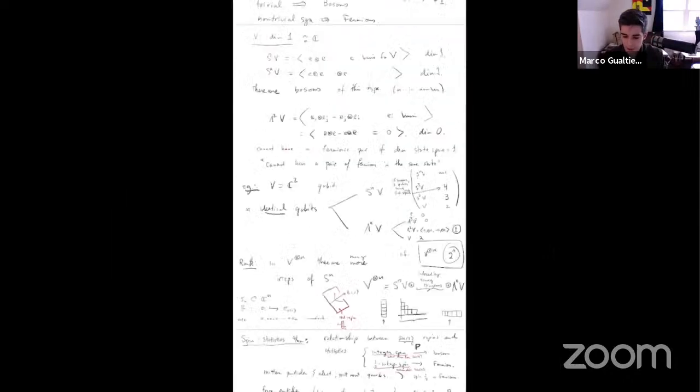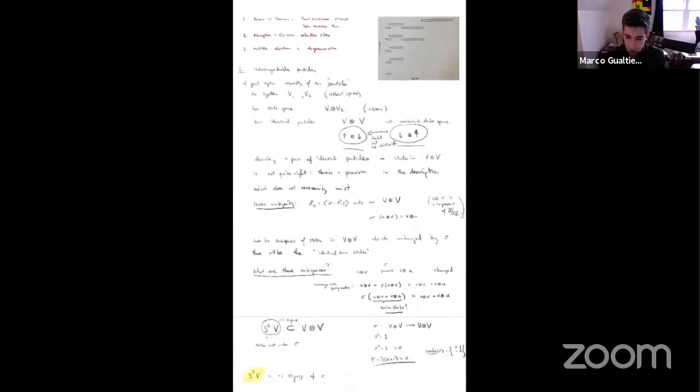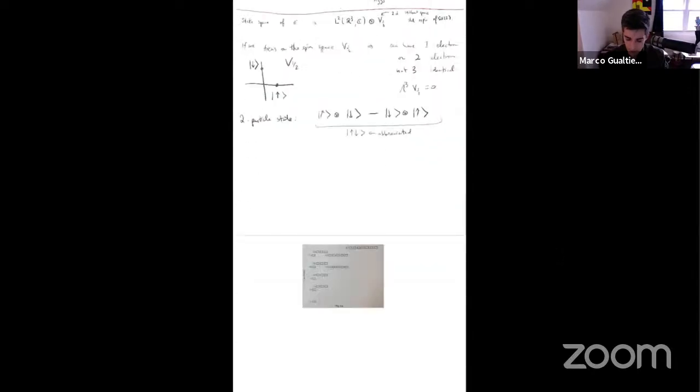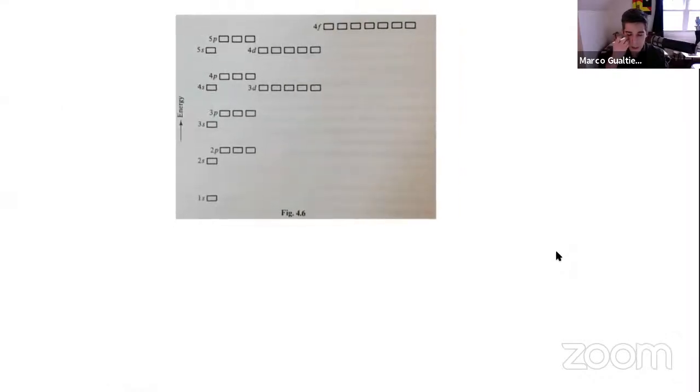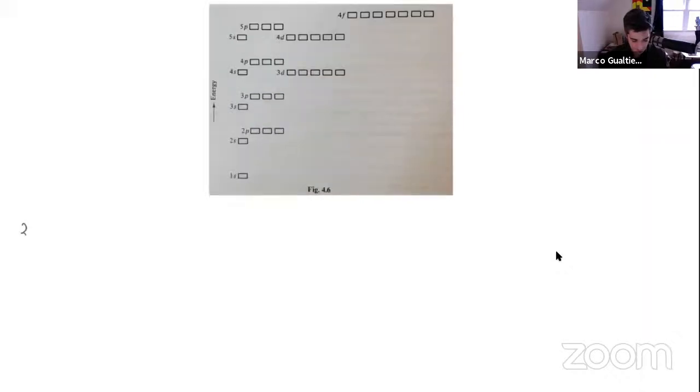Okay, so let's grab my diagram. Let's suppose that we want to put 3 electrons into this atom. What is this element? It's the one right after helium. It's lithium.